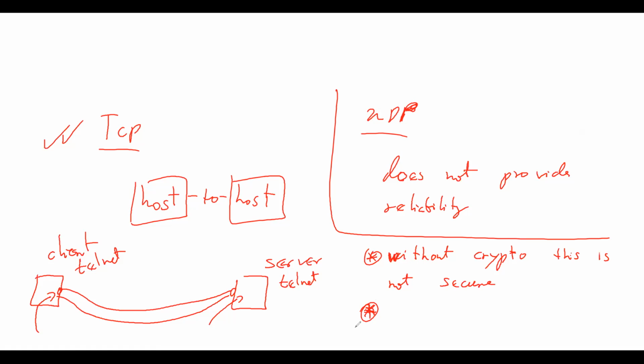So the key thing is we have a tunnel that has been established, a connection. There's no crypto, so really what the attacker needs is just to understand the protocol.